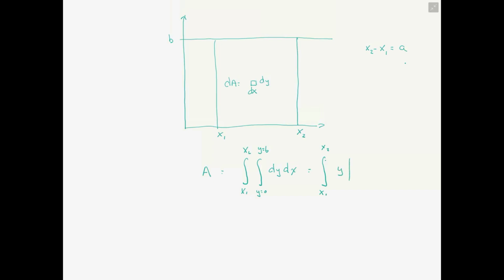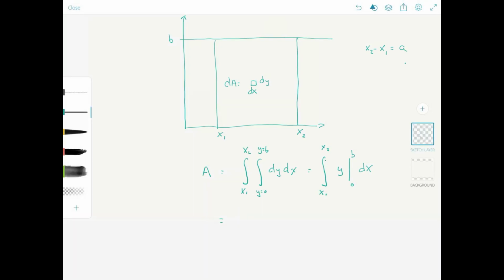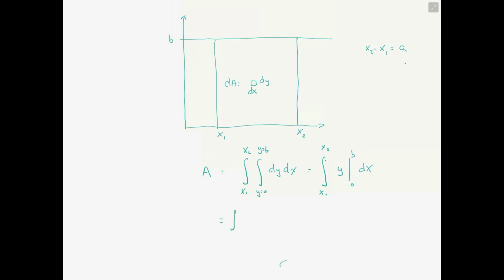So we've evaluated dy, which is evaluated between b and 0, dx, and b is a constant, so it's not a variable that we integrate.